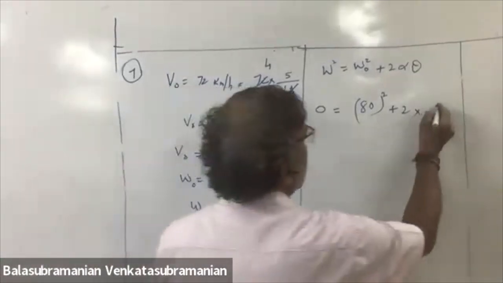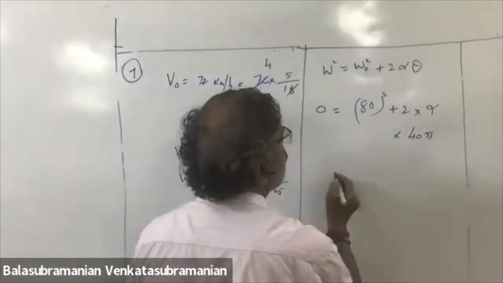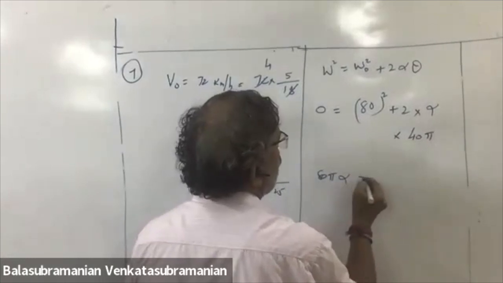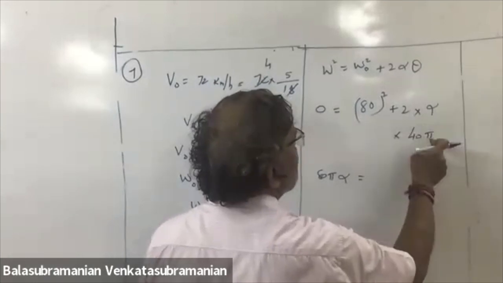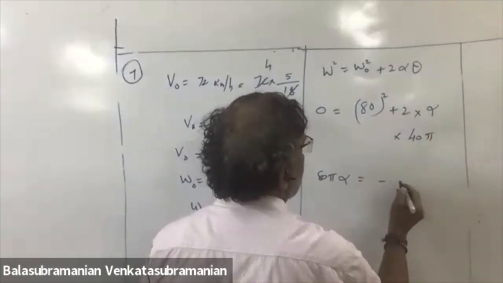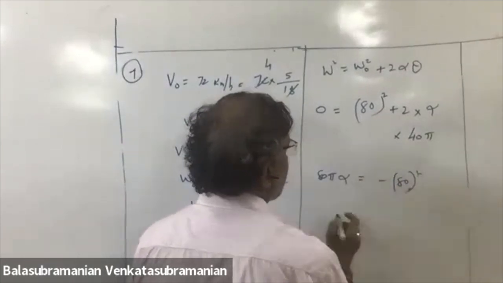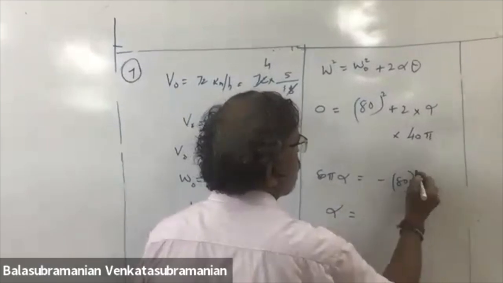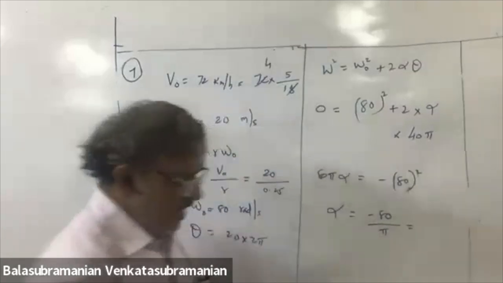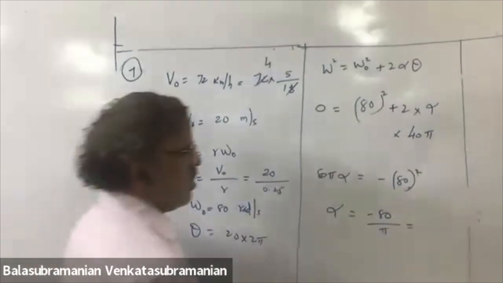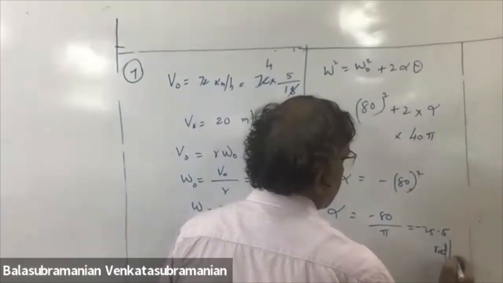Alpha, theta value 40 pi. So 80 pi alpha is equal to minus 80 square. 80 gets cancelled. So alpha is equal to minus 80 by pi, minus 80 by 3.14, minus 25.5 radian per second square.